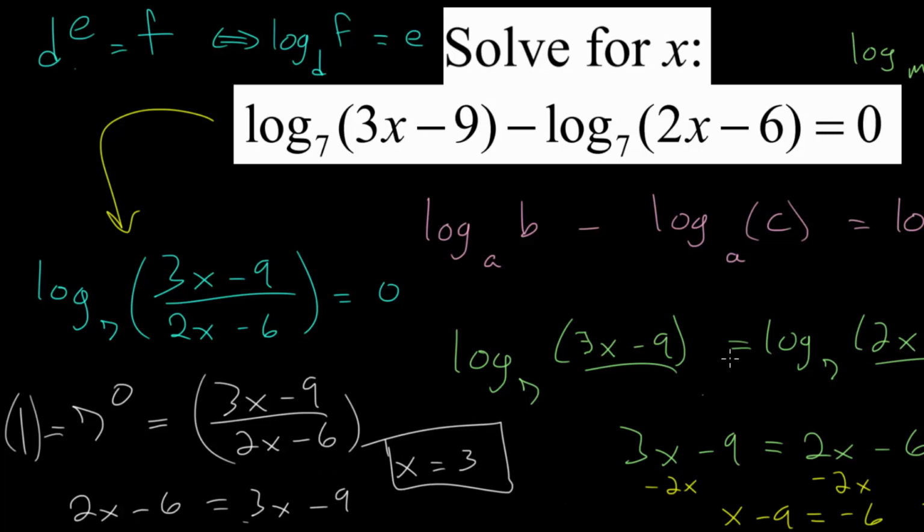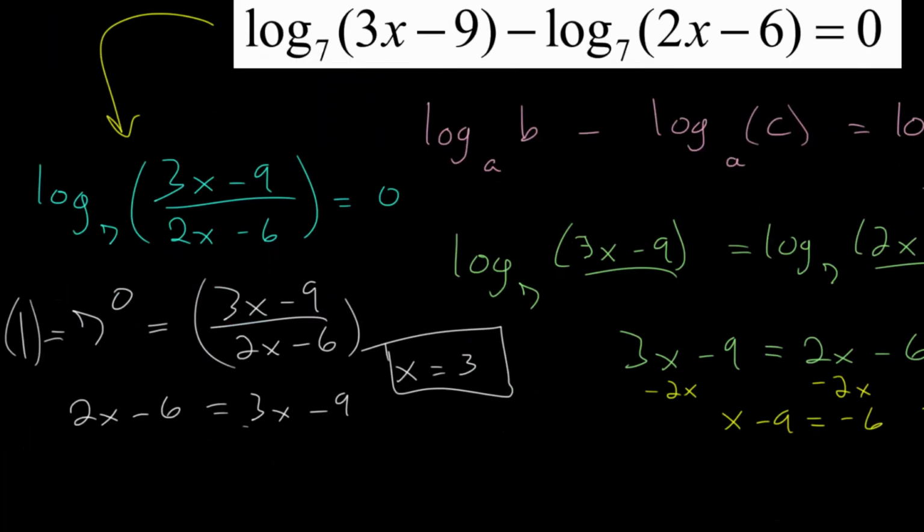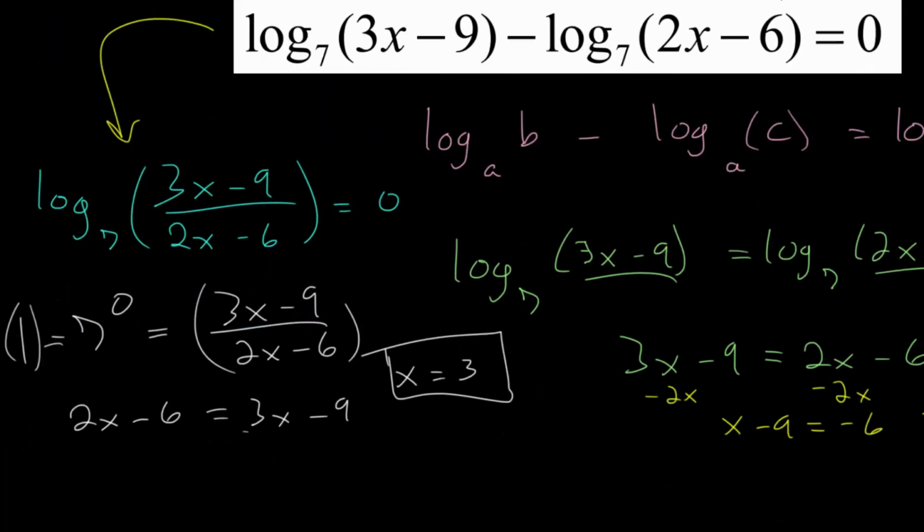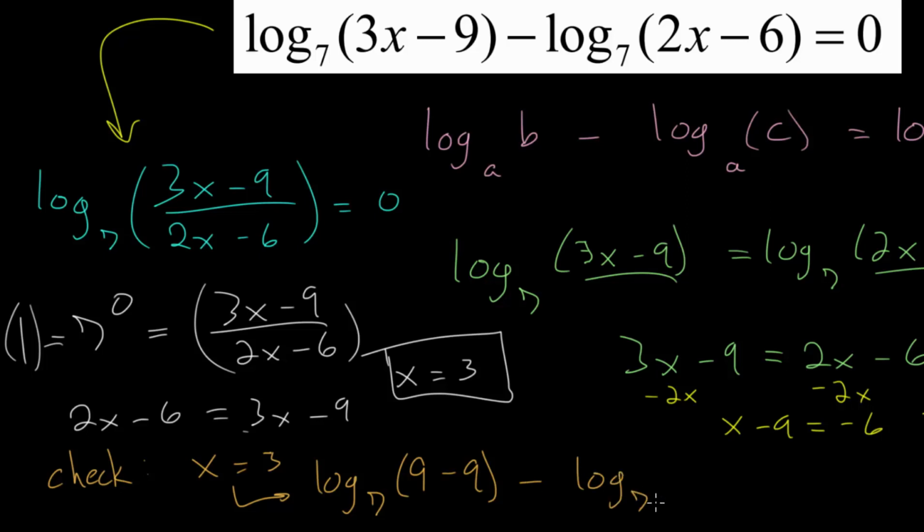However, if we want to know for sure, we can plug it back in to the original equation and check our work. So now we want to check that x is equal to 3, and we have log base 7 of 3 times 3, which is 9, minus 9. And we're subtracting log base 7 of 2 times 3, which is 6.